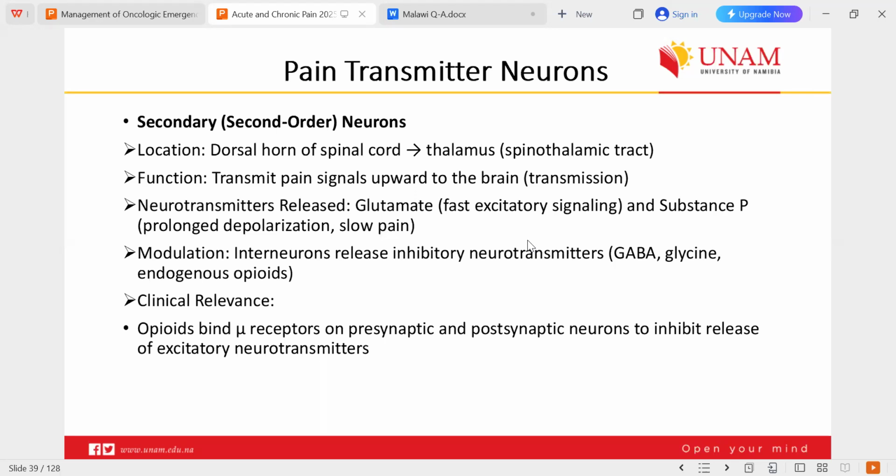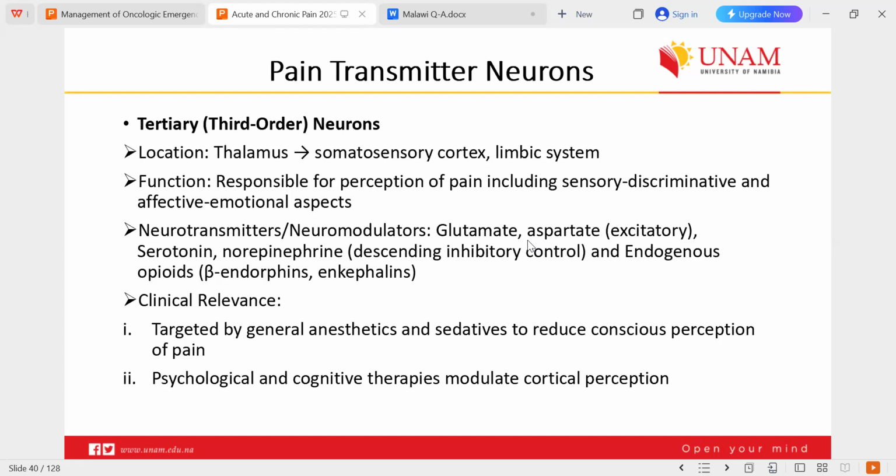The clinical relevance here is that this is where your opioids work by binding mu receptors on presynaptic and postsynaptic neurons, inhibiting the release of excitatory neurotransmitters.